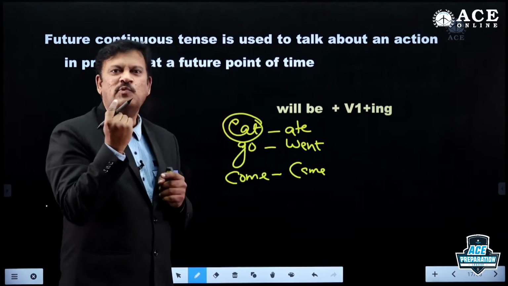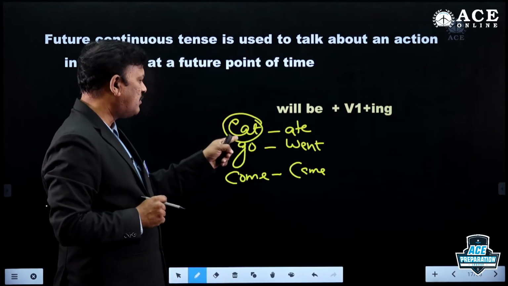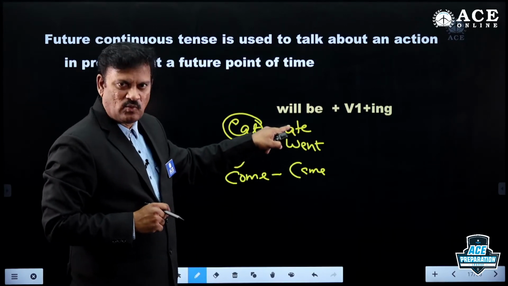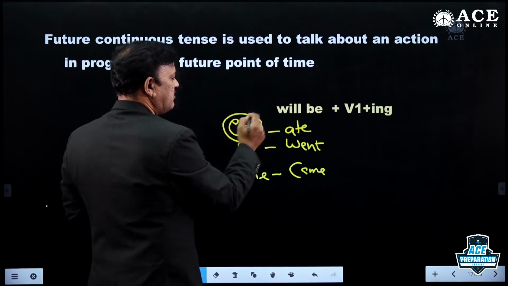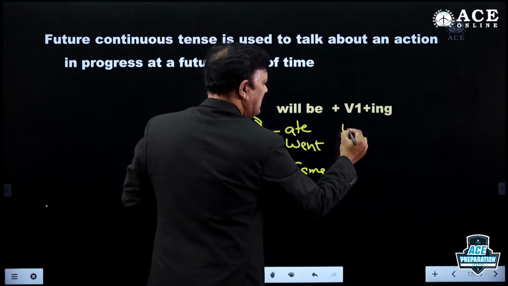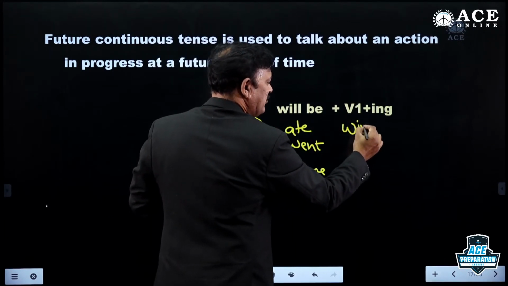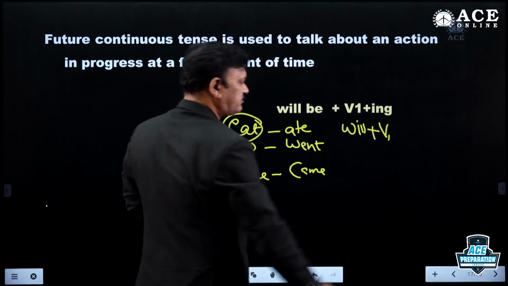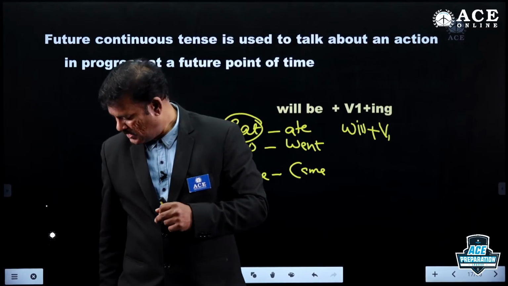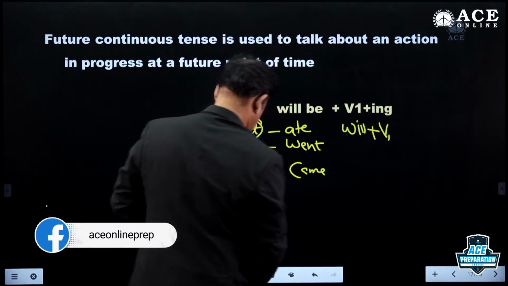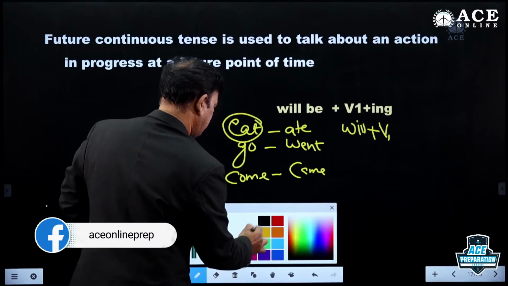I want one word. Give me the future form of it in one word. Here, for past I have one word. Can you give me the future form with one word? No. You have to take the help of this helping verb will, and after that you have to put the V1 form. Then only can you get the future form.